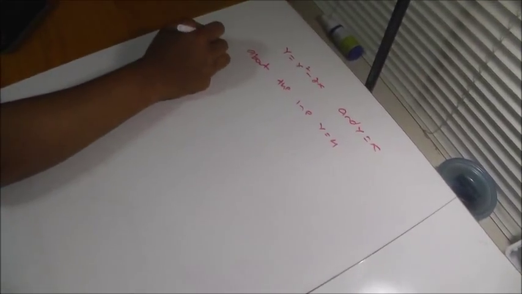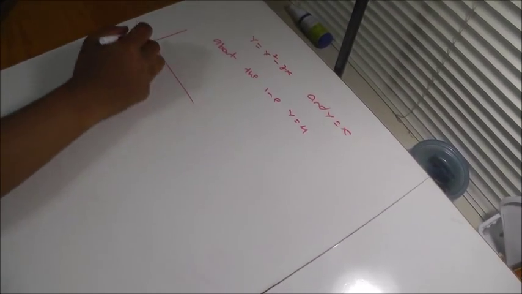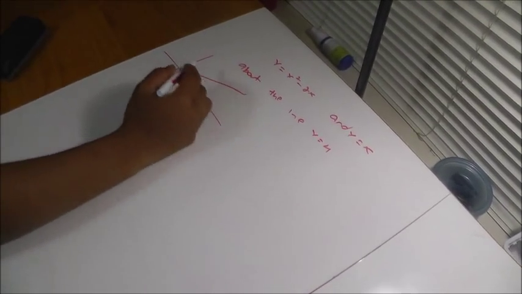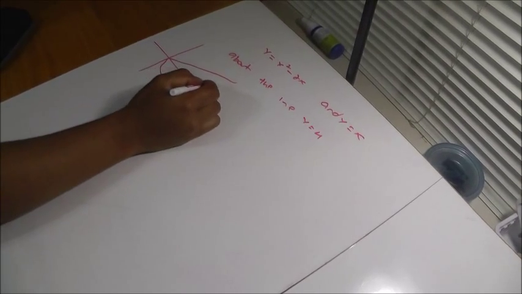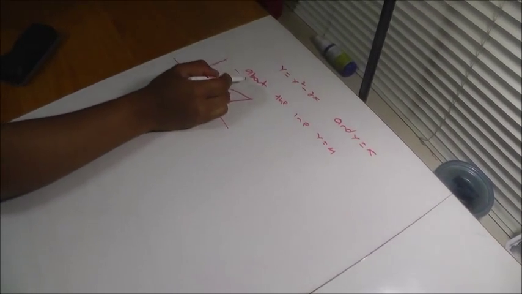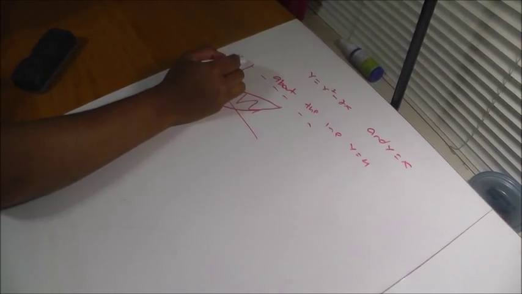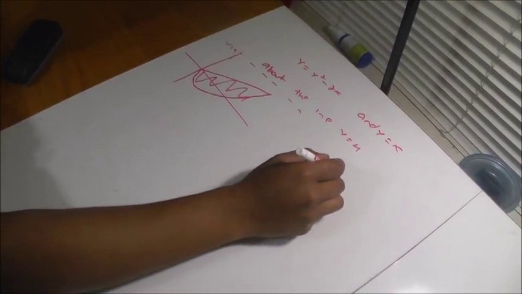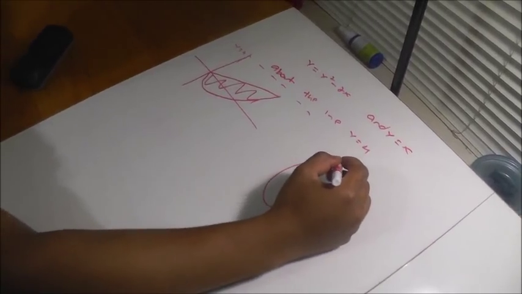This graph is going to look something like this. You're going to have y equals x and then x squared minus 2x, so this is the region, and you're going to want to rotate this around y equals 4. When you rotate it, the whole solid is going to look something like this.